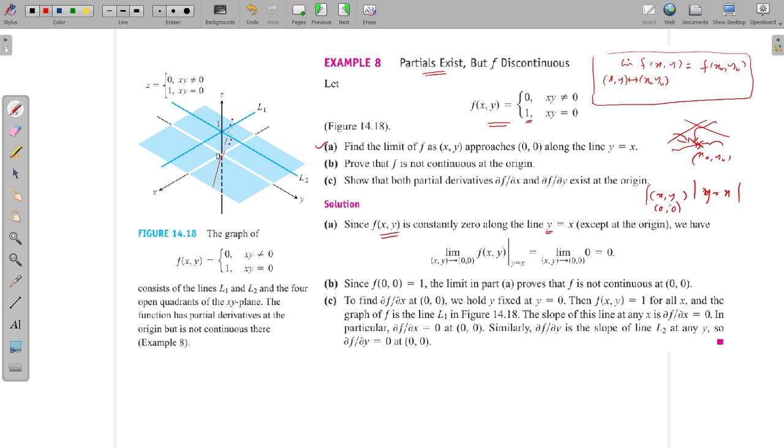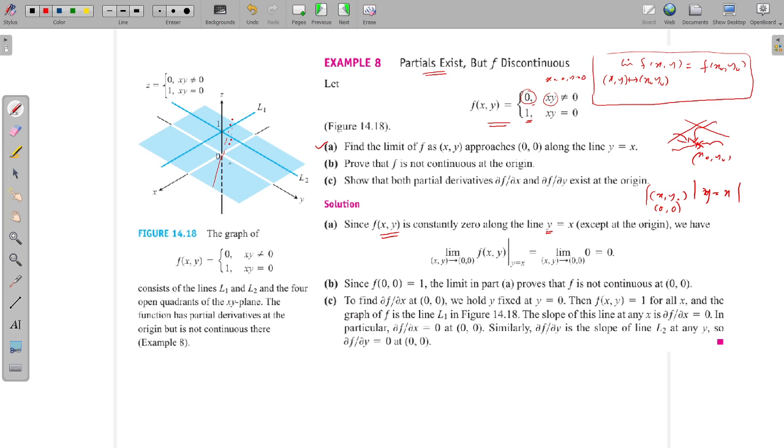At all other points, x and y are non-zero quantities. Therefore, at all other points the value of the function is 0, because except for x equal to 0 and y equal to 0, xy is always non-zero. Then the function value is 0.